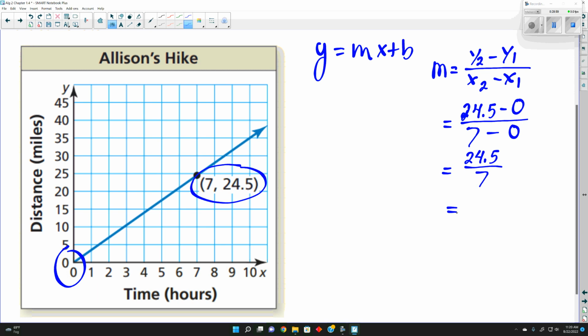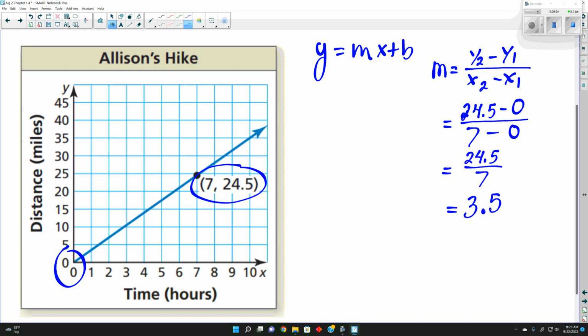Now we can't leave a fraction and a decimal in the same one, so we'll need to simplify this down. We could plug into the calculator 24.5 divided by 7, and we would get 3.5. So the slope for this equation is 3.5, or we could change it back to a fraction, which would be 7/2.